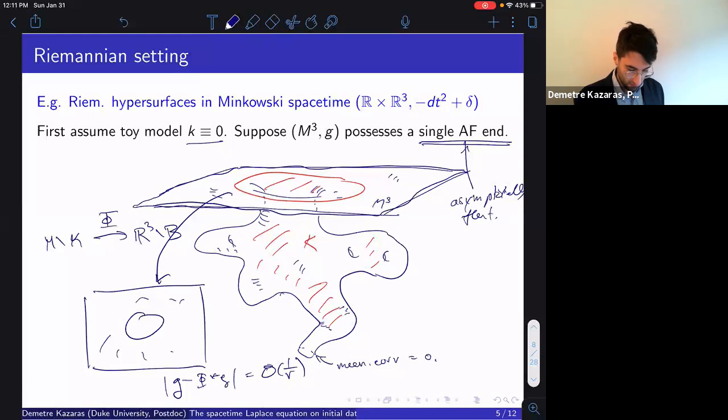So the derivatives of g behave like big O of 1 over r squared, and the second derivatives behave like 1 over r cubed. There are more general definitions you can make, but that's the asymptotically flat condition, the most basic type.